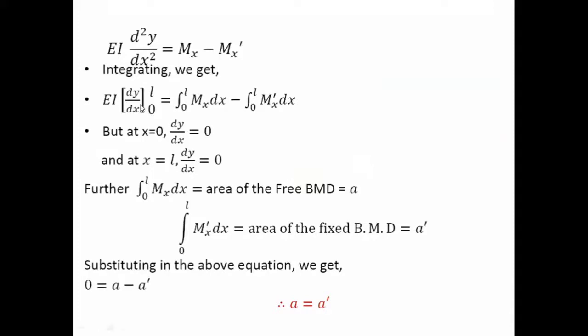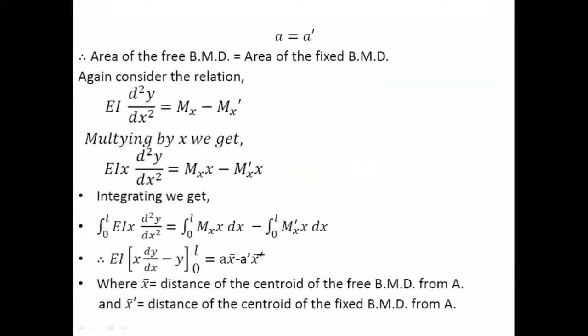If you substitute A and A dash in this equation, what we will get is A minus A dash as 0. It means the area of free BMD is equal to the area of fixed BMD.